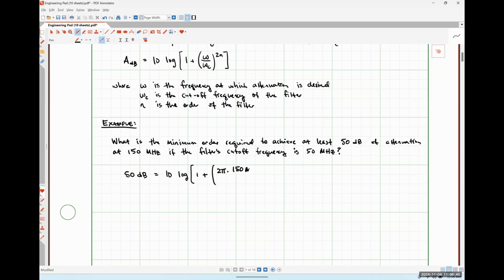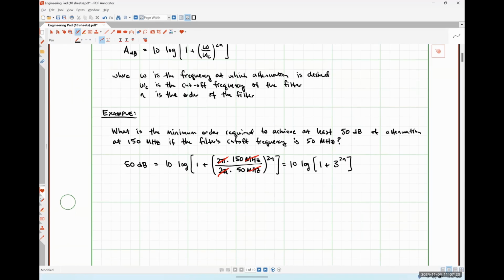So that's 150 megahertz over our cutoff frequency, 2 pi times 50 megahertz to the 2nth power. We can see very easily that the 2 pi's cancel each other out and the megahertzes cancel each other out, and 150 over 50 is 3. So this simplifies down to 10 log of 1 plus 3 to the 2n.